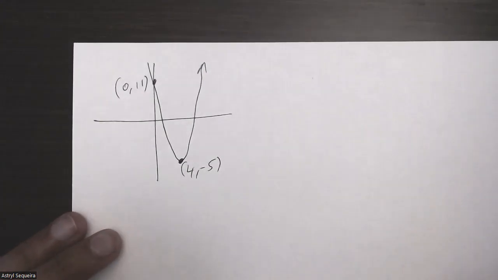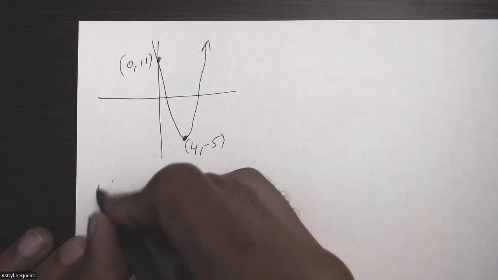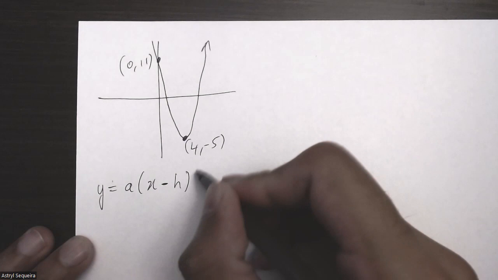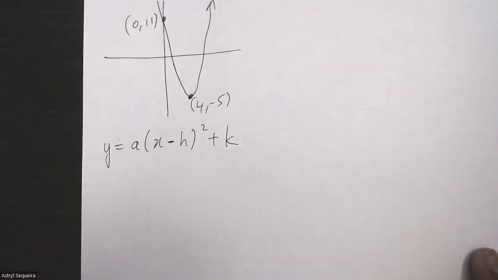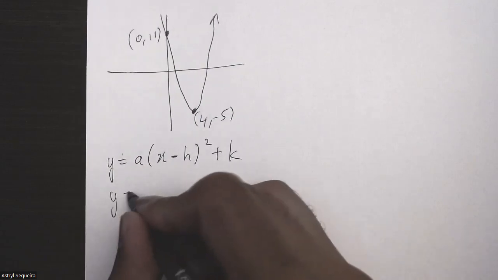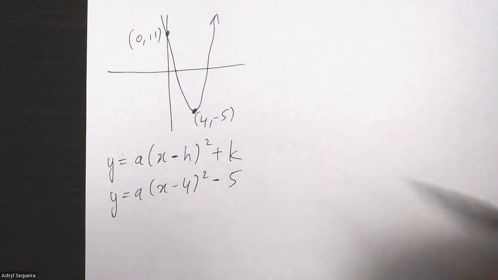Whenever you're given two points on a graph and you need to come up with the equation, start with the basic equation, y equals a(x minus h) squared plus k. Start by filling in the vertex with your h and your k. So y equals a(x minus 4) squared minus 5.